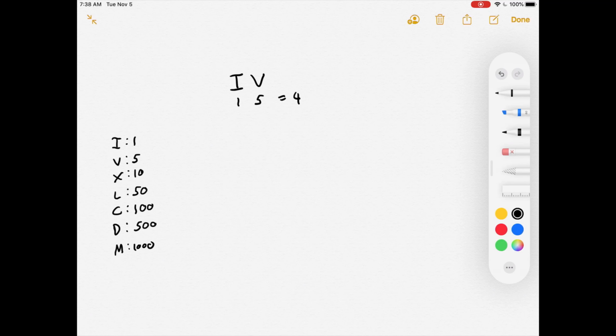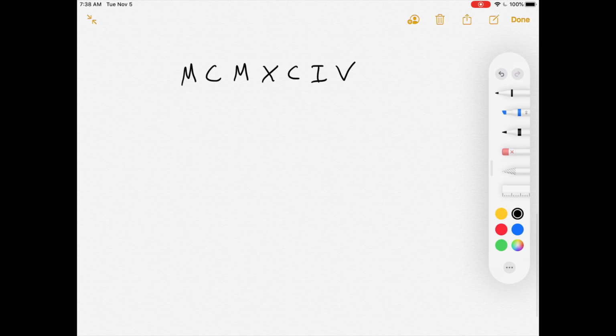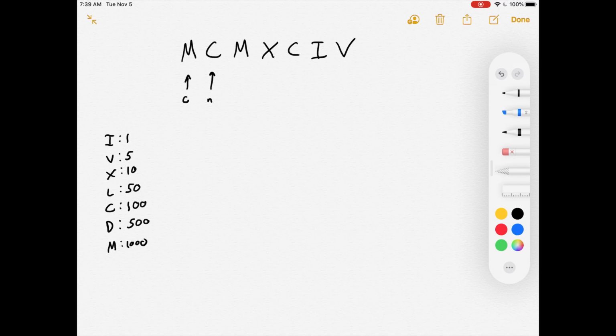Let's try that with a bigger example. All right, let's say we have the number MCMXCIV. What we need to do is look at 2 different elements at once. So this will be our current element, and this will be our next element. Let me grab the mapping. Okay, so which one is bigger, the element on the left or the element on the right? 1000 is bigger than 100, so all we're going to do is add this one element to our total.